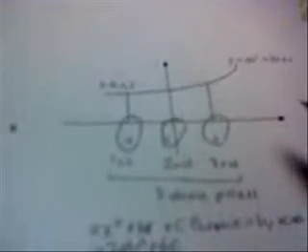Okay, from here you can see that this is a parabola, which is y equals ax squared plus bx plus c, and these 3 points are minus h, 0 and h. For a parabola, it needs 3 data points.